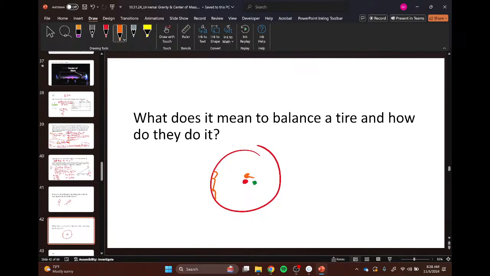This is another reason why center of mass is so useful. Anything that rotates, you need it to rotate really smoothly. A tire is one thing, and that is dangerous if it gets off axis. But say you have a drill bit. If you rotate a drill bit and it is not centered right, it can literally explode.